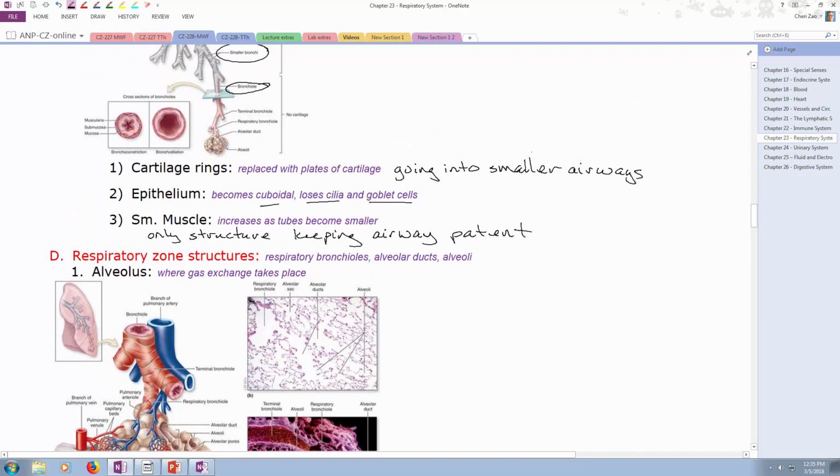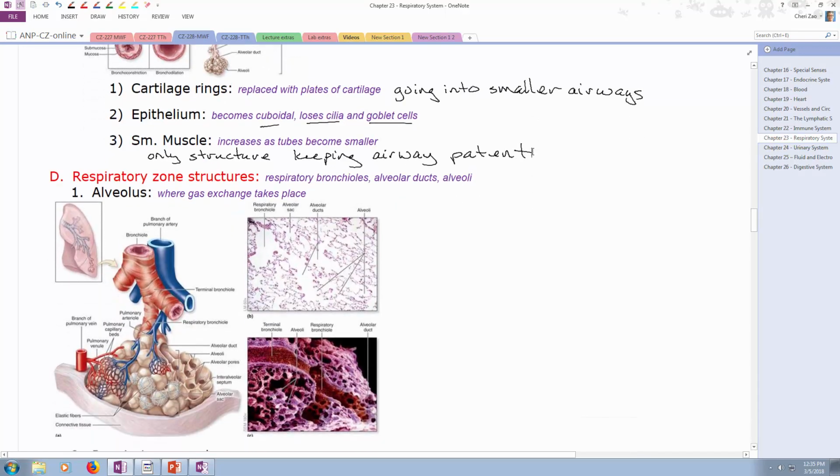And the picture up above just shows bronchoconstriction, which is not something that's terribly desired in our smaller airways, and then also bronchodilation, a nice open lumen there. Bronchoconstriction is typically something that we see with people who have asthma.